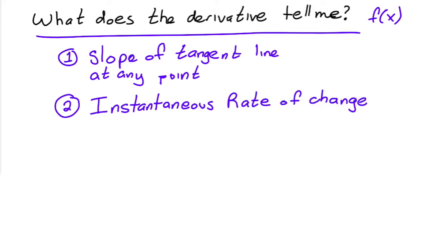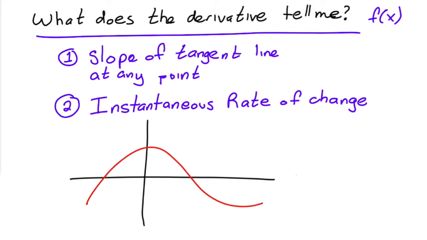As a consequence of this, remember we went over this already, let's say you have a function here. Let's say this is f of x. Any point where the function is increasing, for example this whole area right here, the tangent line is going to have a positive slope.